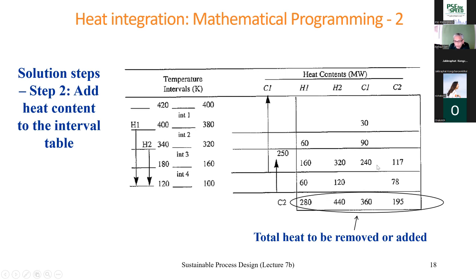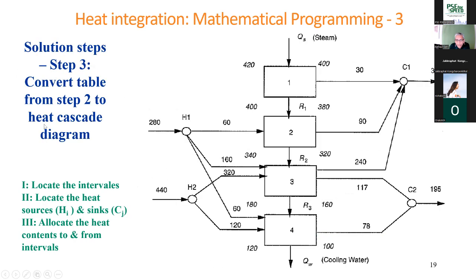With this information, we convert it into what is known as a heat diagram. So the interval boxes, and on the left-hand side is the heat source, H1 and H2. Total amount of heat H1 has is this. Total amount of heat H2 has is this.